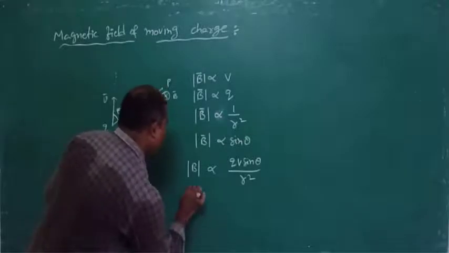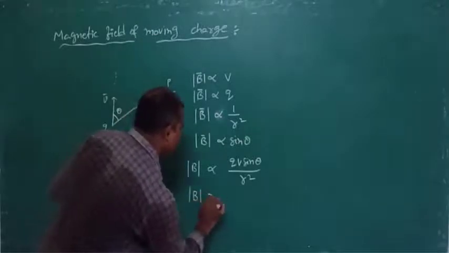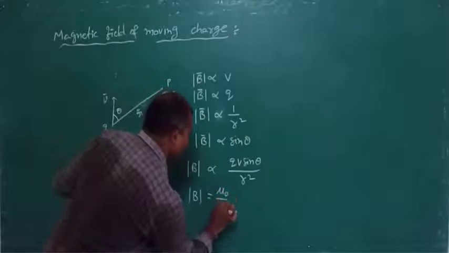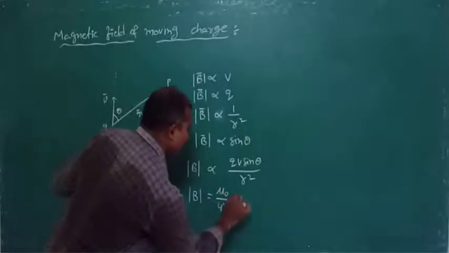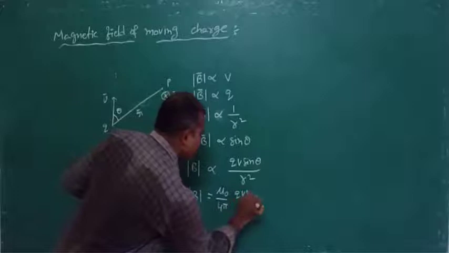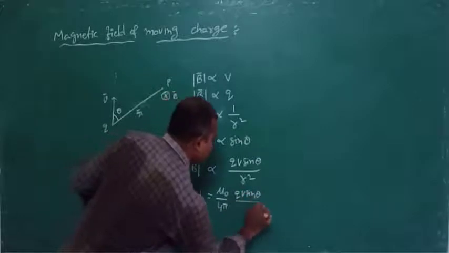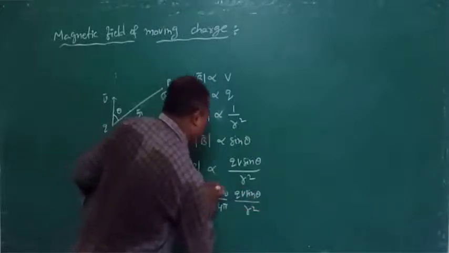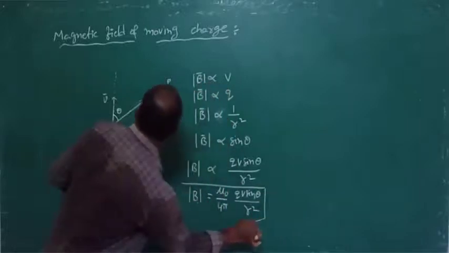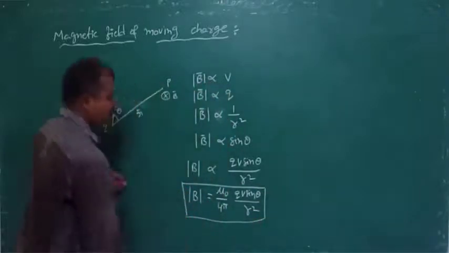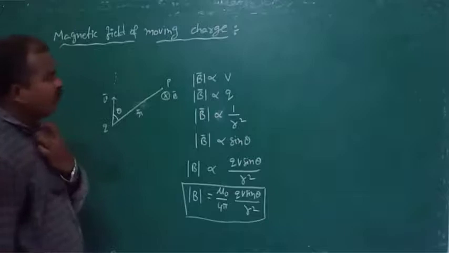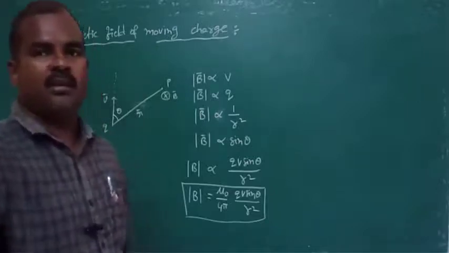Therefore, magnetic field B is equal to mu naught by 4 pi into q v sin theta by r square. This is the formula for the magnetic field of a moving charge.